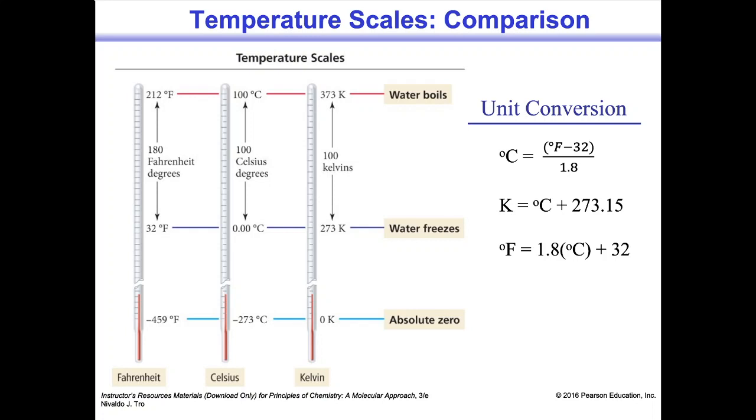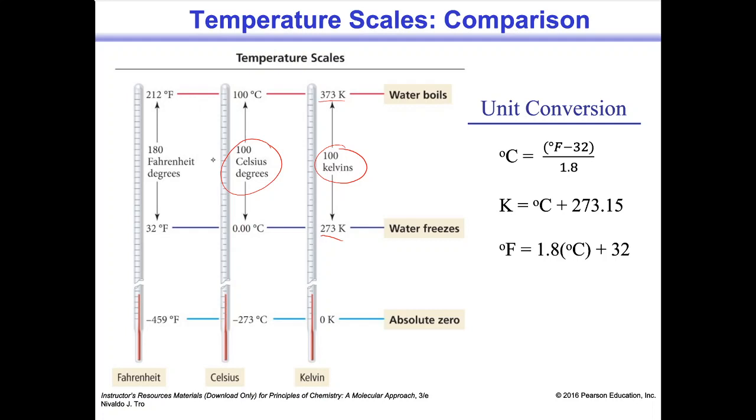Now, if we jump over to the Kelvin scale, you're going to notice that the difference between the freezing point and the boiling point of water is still 100 Kelvin. So 100 degrees C and 100 Kelvin. It's exactly the same scale, it's just shifted up or down.